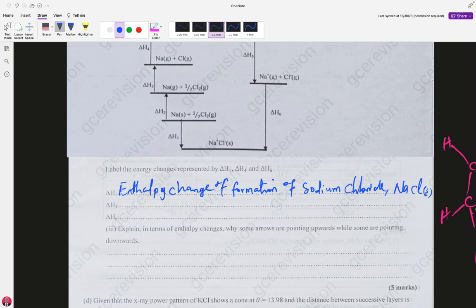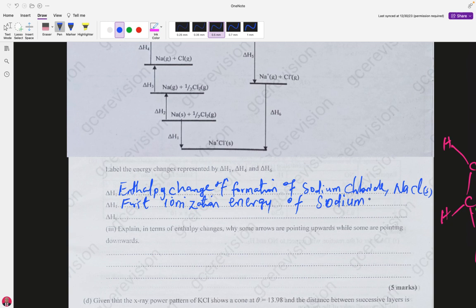Delta 4 is the first ionization energy of sodium. First ionization energy of sodium.